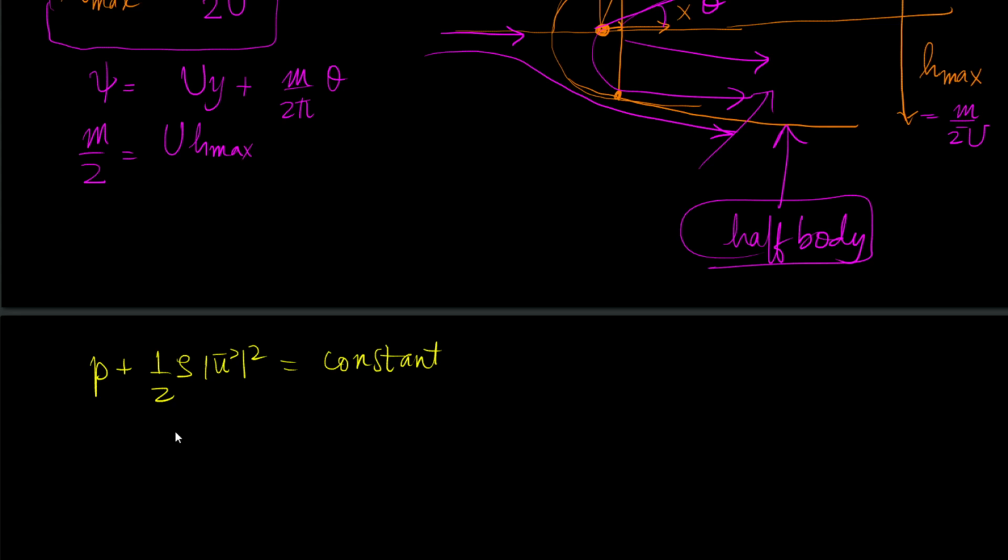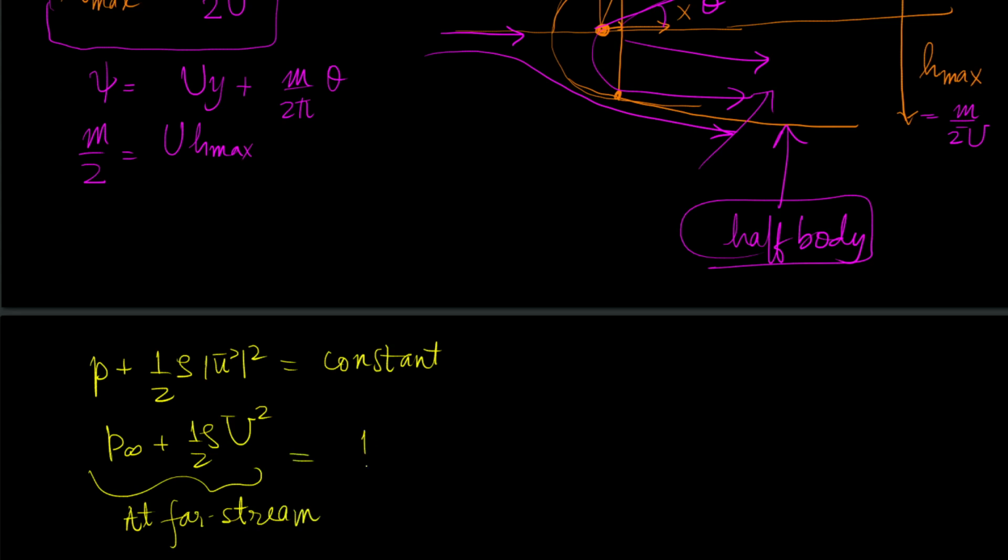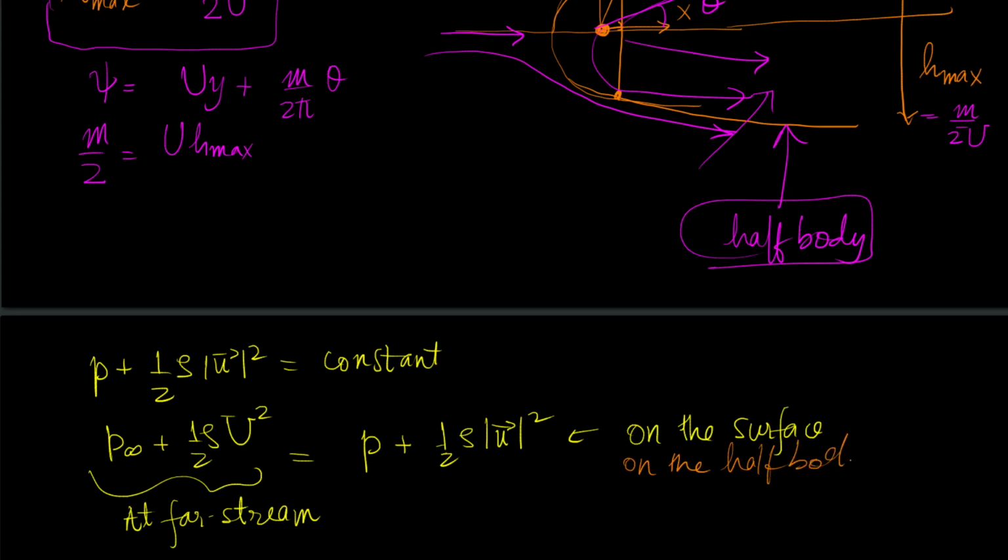At far stream we can write P infinity plus half rho capital U square. This is the Bernoulli term at far stream, and this will be equal to P plus half rho U square on the surface, and on the surface we imply on the half body, and by this we imply on the stagnation streamline.